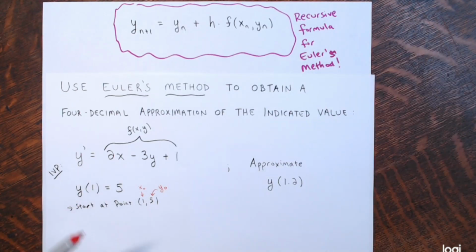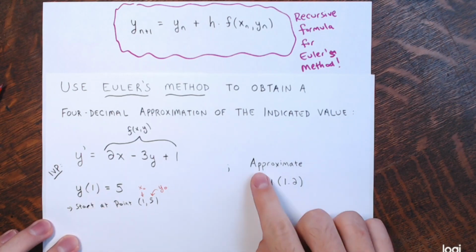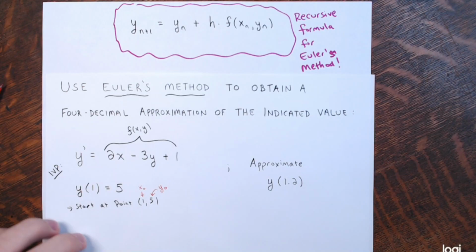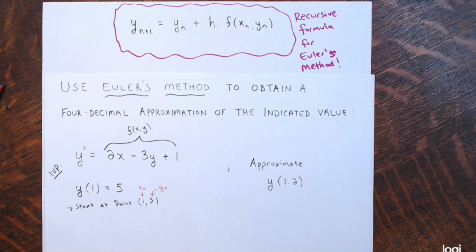This equation has some solution curve that satisfies it and passes through the point 1, 5. We're asked to approximate the value of this solution at x equals 1.2 to 4 decimal places using Euler's method.